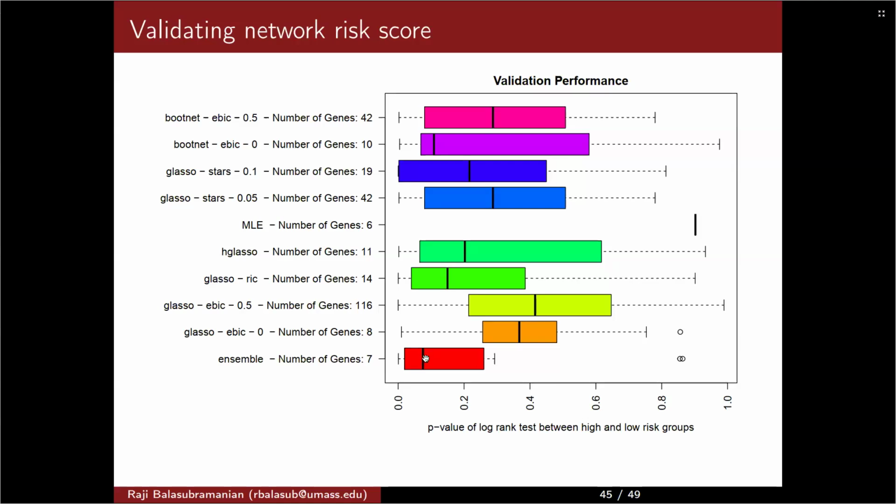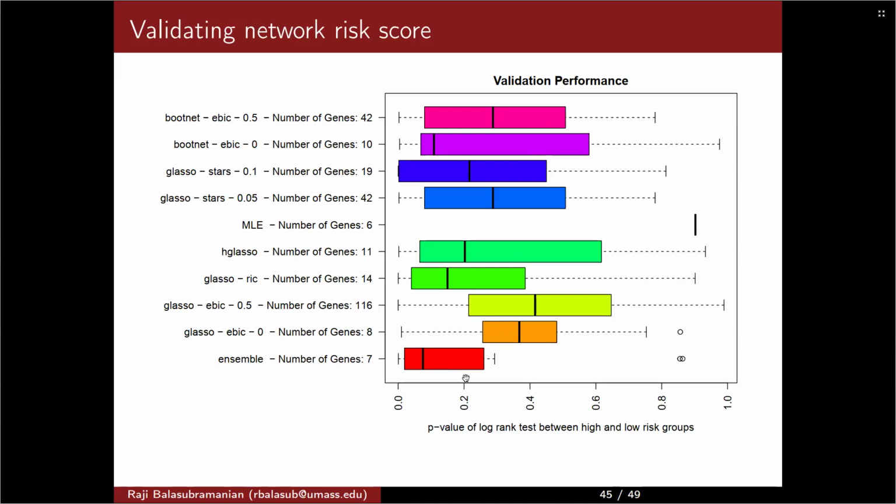We had 15 data sets that we validated our score in, so we have 15 p-values comparing our low risk and high risk individuals. Our score in this last row was estimated using SpiderLearner to estimate the network. It chose 7 hub genes to make the score, and you can see that of all of these bars, this one is the closest to 0.